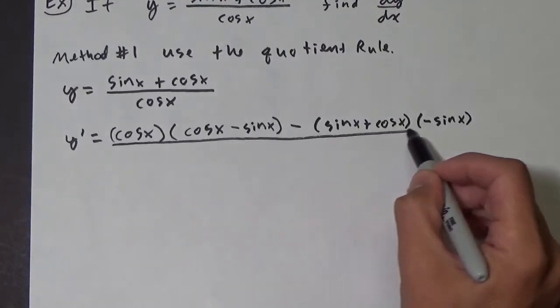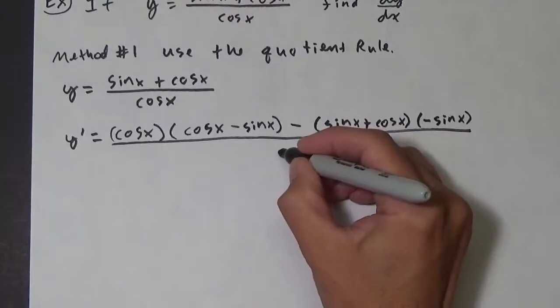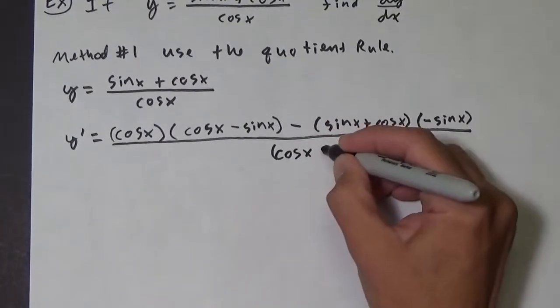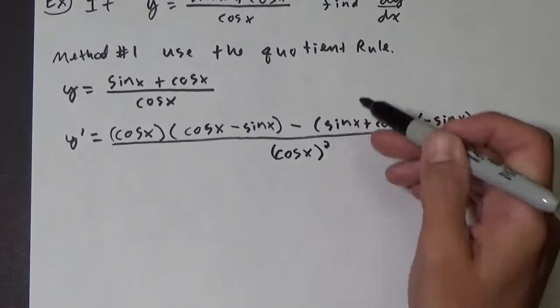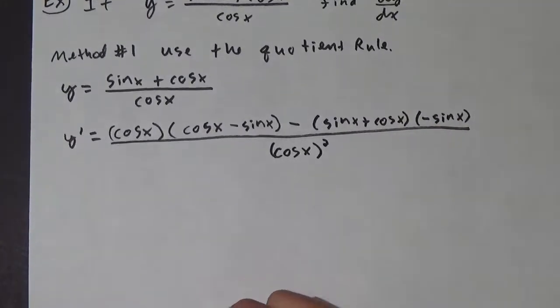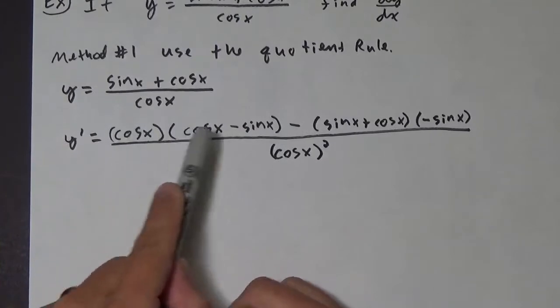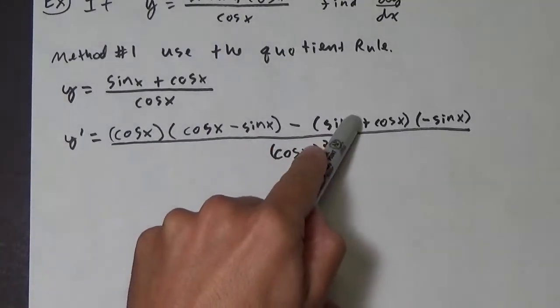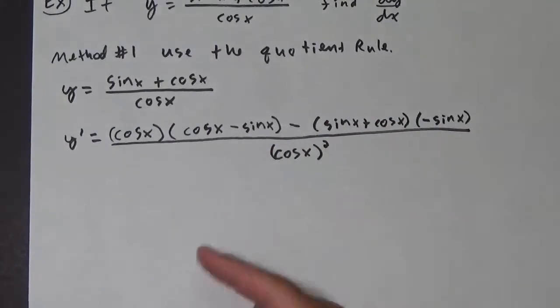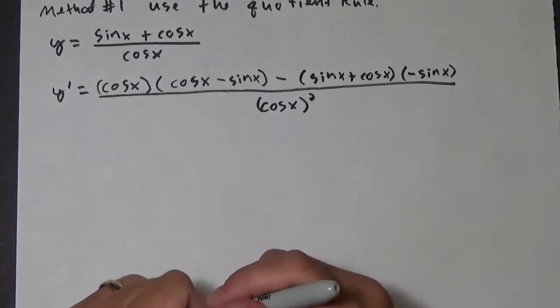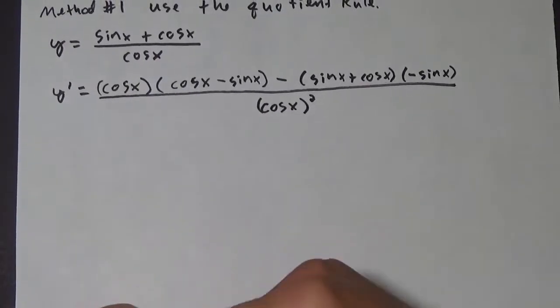And this is all over the bottom squared, cosine of x squared. Okay, so there's our derivative. We have the bottom times the derivative of the top, minus the top times the derivative of the bottom, all over the bottom squared.